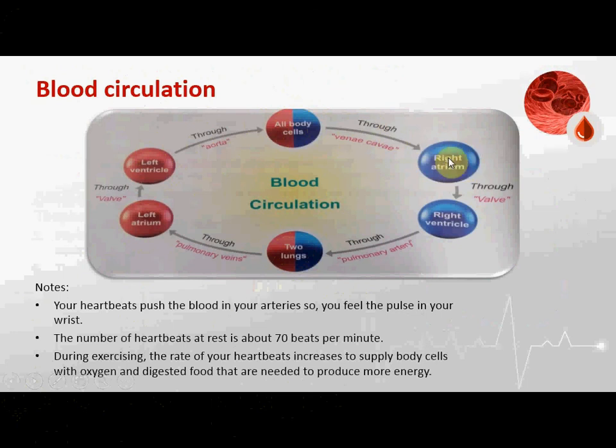The right atrium pumps or contracts to pass blood to the right ventricle, which pumps blood through the pulmonary artery. Here the right ventricle carries deoxygenated blood to reach the two lungs through the pulmonary artery.